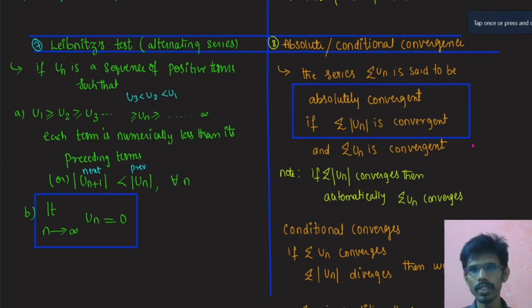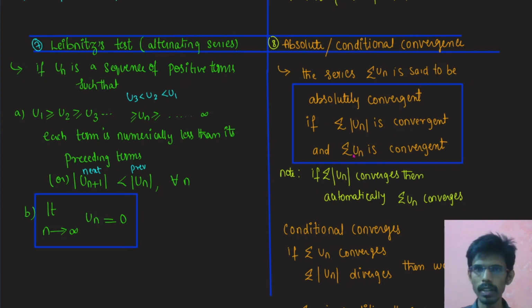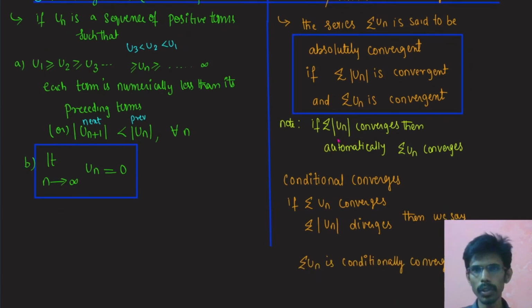One important note is, if sigma mod un converges, then automatically sigma un converges. The reverse is not true, but this is true. That is absolute convergence.